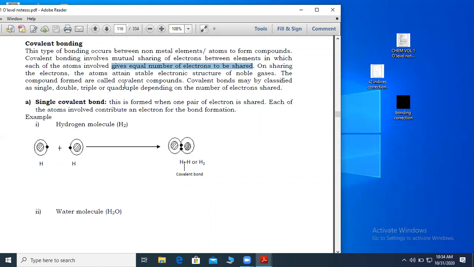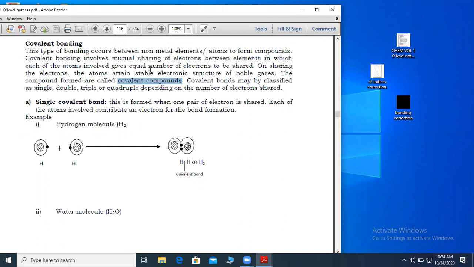The compounds formed are called covalent compounds. Now, the mistake commonly committed by you students is on spelling. The spelling is covalent.